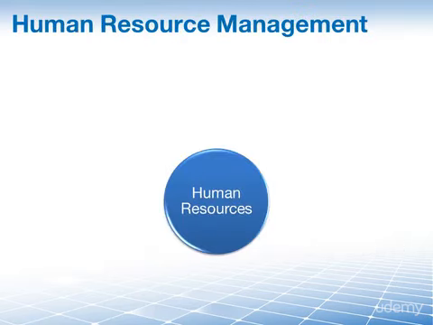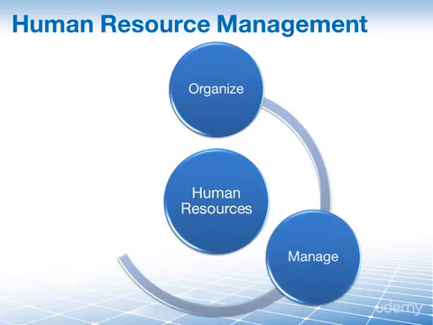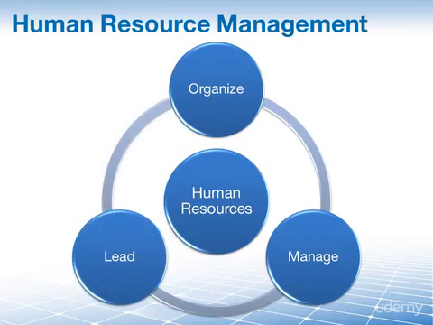To get a high-level overview of human resource management, let's look at three cornerstones of the knowledge area. Project Human Resource Management includes the processes that enable you as a project manager to best organize the resources and also manage the resources and make them efficient, as well as leading the project team to greater heights and effectiveness. Or in the official words of the PMBOK guide, Project Human Resource Management includes the processes that organize, manage, and lead the project team.